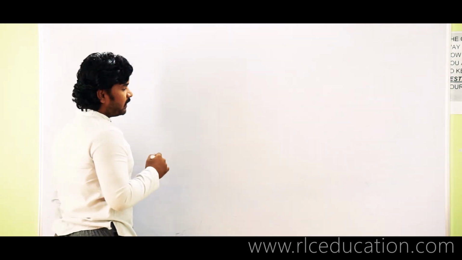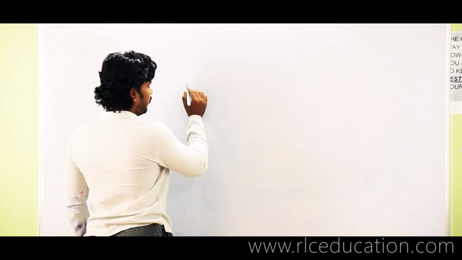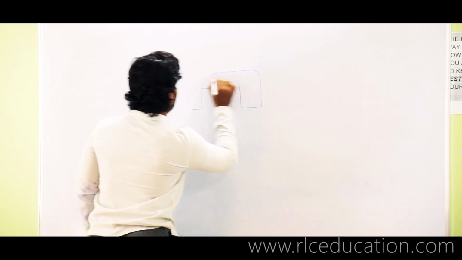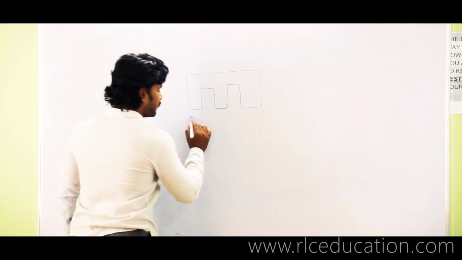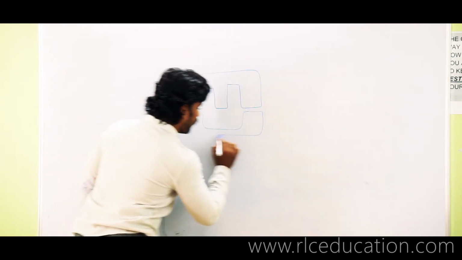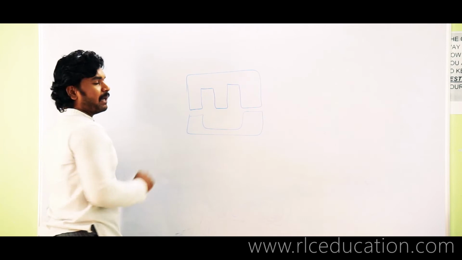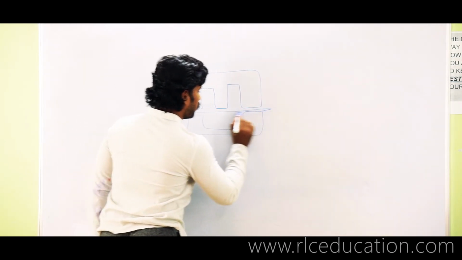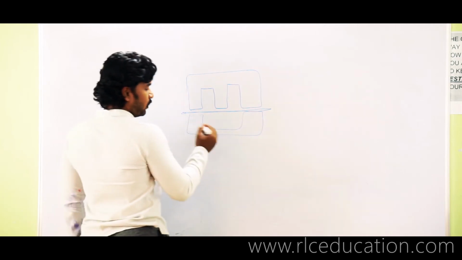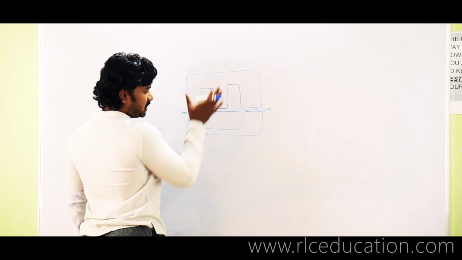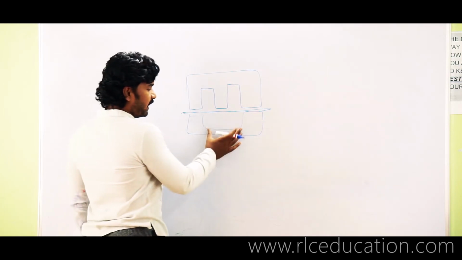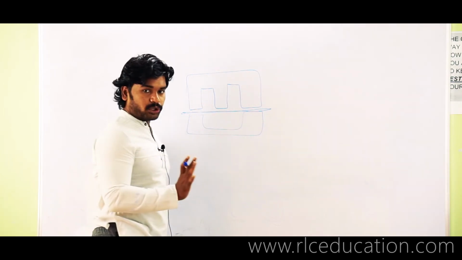If we look at the construction of an overcurrent relay, it has a shunt magnet or M-type magnet, isn't it? And you will have a series magnet. The M-type magnet will receive voltage input and the series magnet will receive current input, and the disc is placed between these two magnets. So when you give voltage input to the shunt magnet and current input to the series magnet, you get some flux and the disc should rotate.